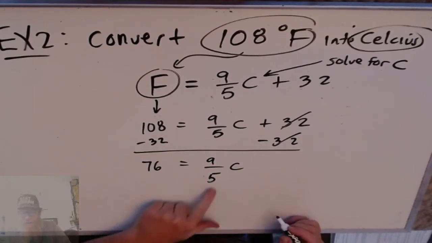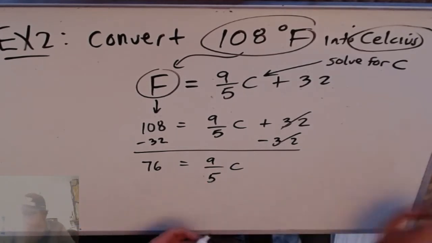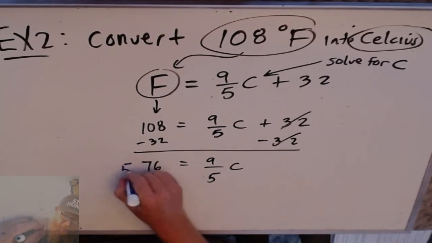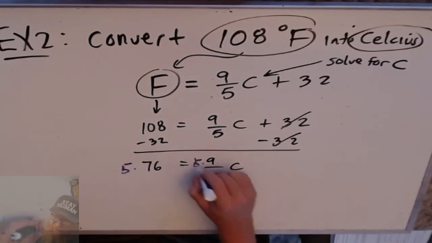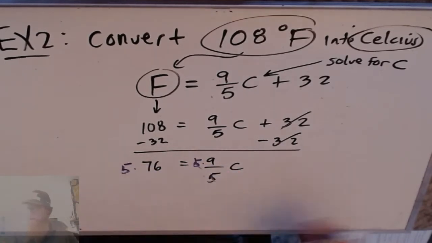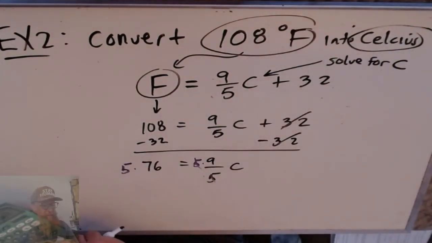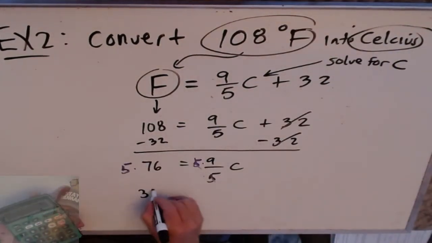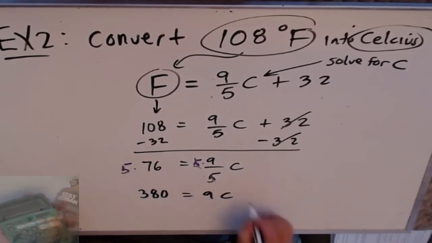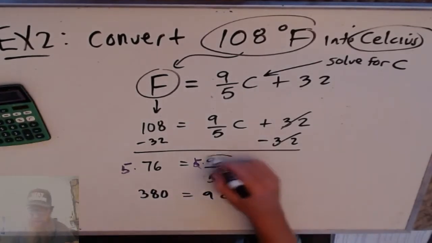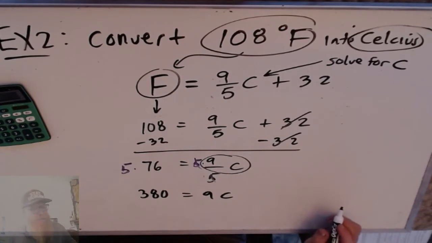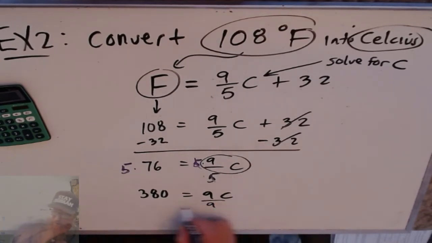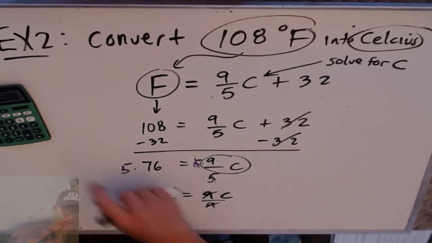Okay. And now the LCD is 5. So I'm going to multiply both sides by 5. My brain really does hurt now. 76 times 5, 380 equals 9C. And then divide both sides by 9.